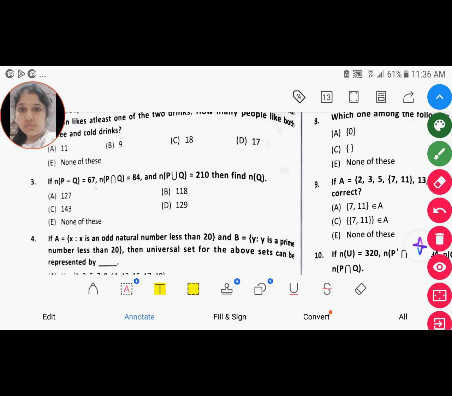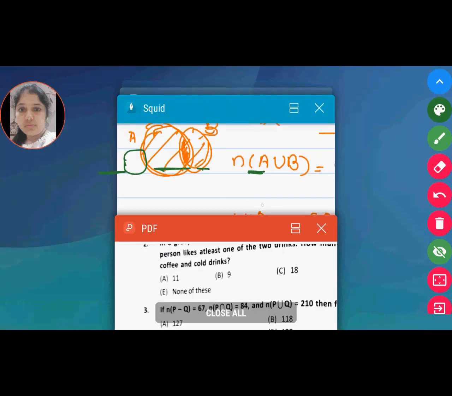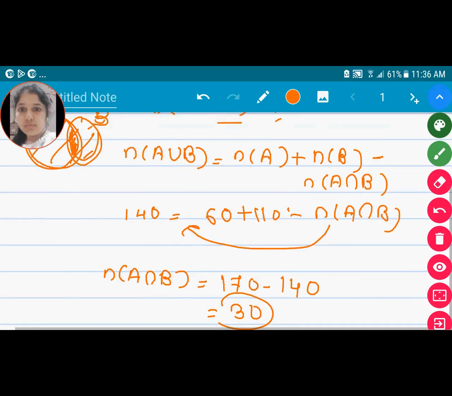Now n(P minus Q) is given to you, which is 67. Number of elements in P intersection Q is 84. Number of elements in P union Q is 210. Number of elements in Q is asked. Now see what is given, we will first write and then we solve.